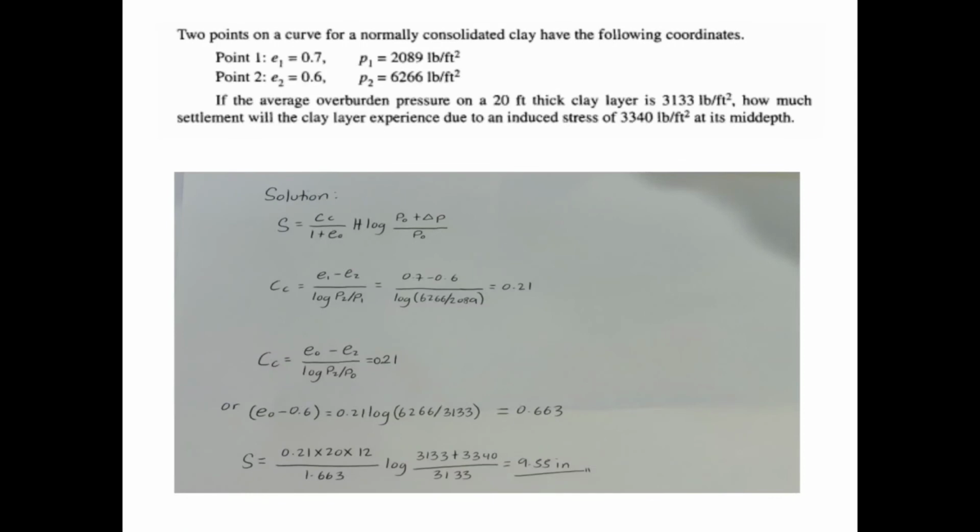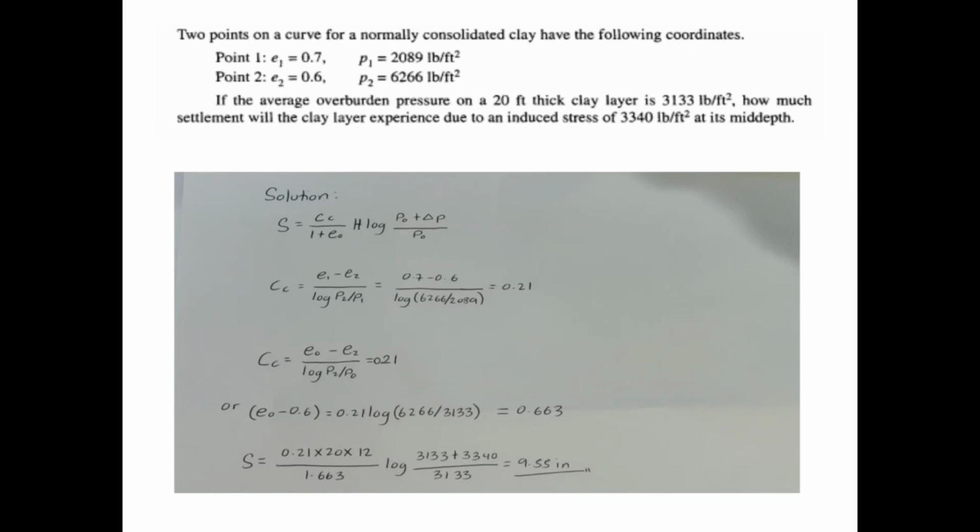The next is we need the initial void ratio at an overburden pressure of 3,133 pounds per square foot. Then we have to use the formula of C sub c equals e sub o, or initial void ratio, minus e sub 2 over log P sub 2 over average effective stress, or P sub o.